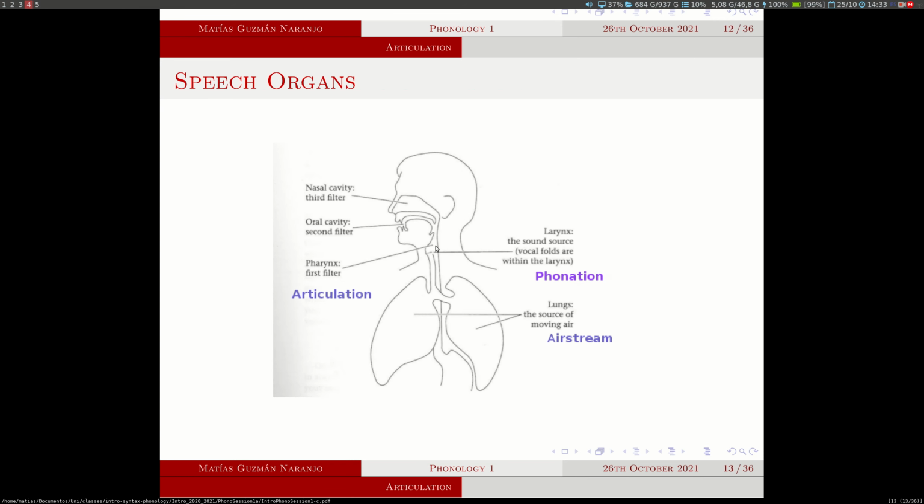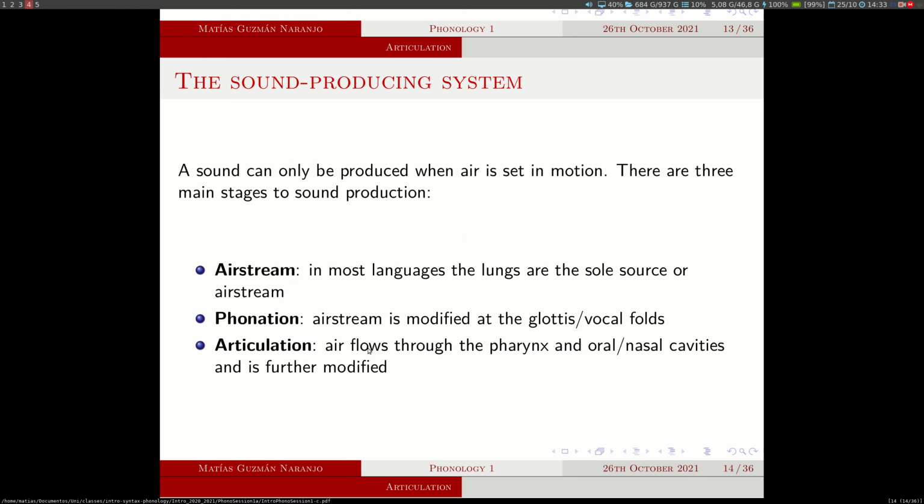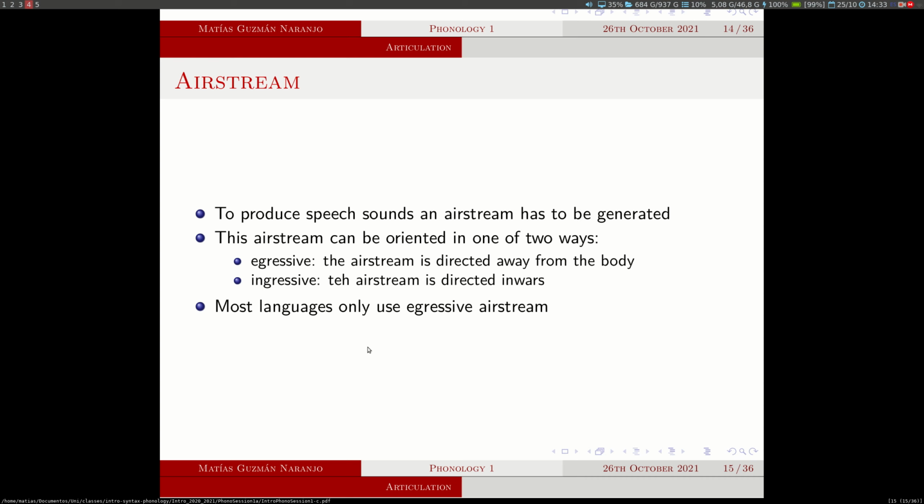So air is produced in the lungs, then we modify it at the glottis, and then further modification happens up here. So the articulation is that further modification in the supraglottal organs.